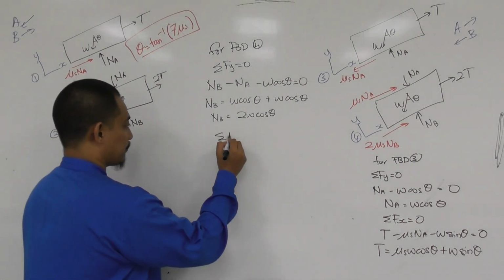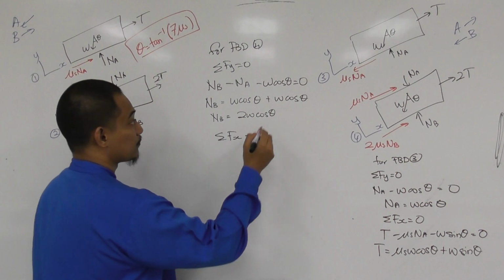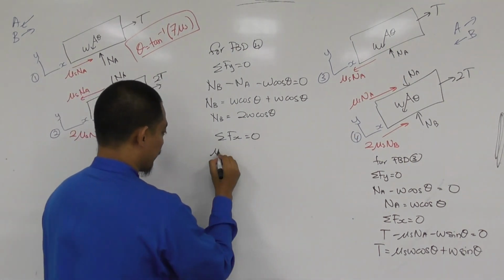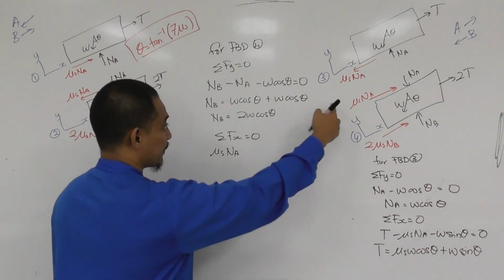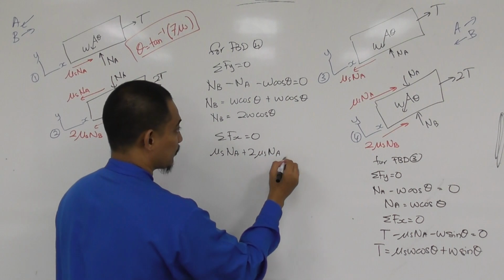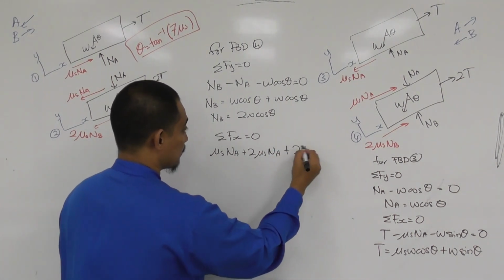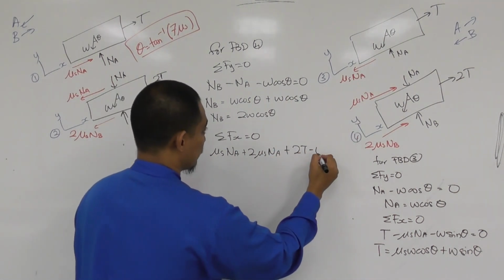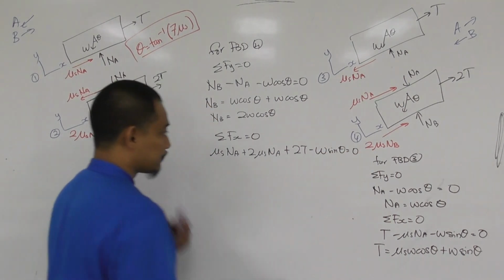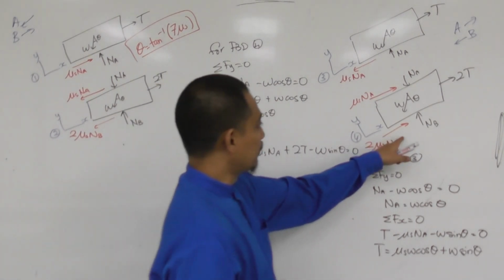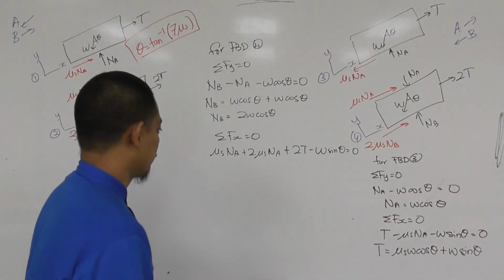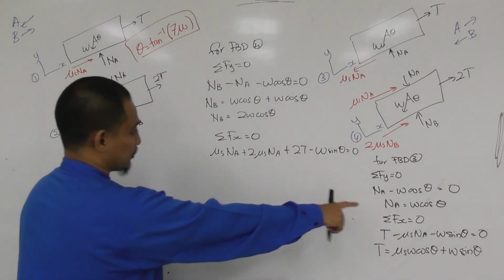Okay, summation of Fx equal to 0. So you'll have mu s NA there, and then plus 2 mu s NA going up also, and then plus 2T minus W sin theta equal to 0. Okay, so you have 1, 2, 3, 4, right? So mu s NA is already W cos theta.